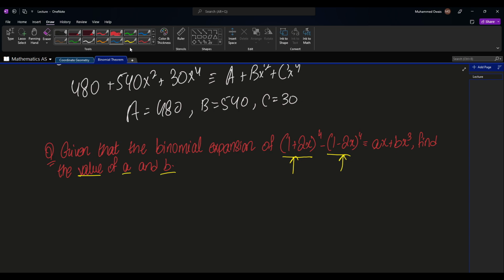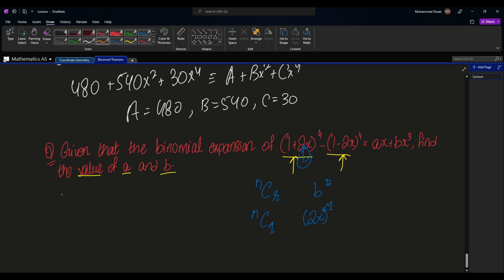Alright, so then let us just do this. As we can see, this is b. This is b, 2x, and b has a power of r. So if I say nCr and r is 1, then b, which is 2x, will have a power of 1, therefore the x will have a power of 1.